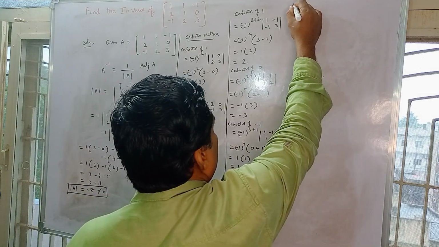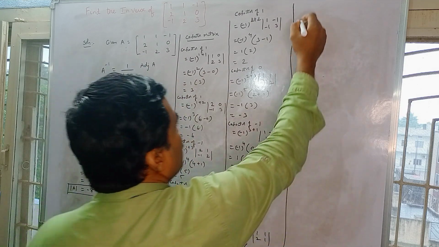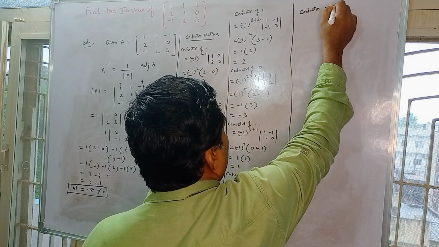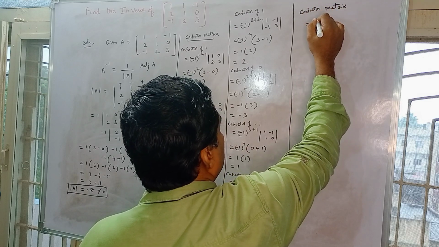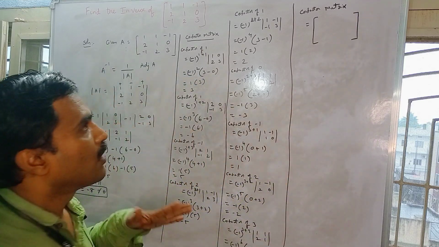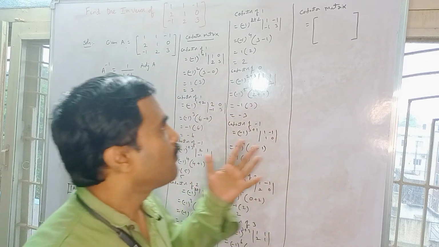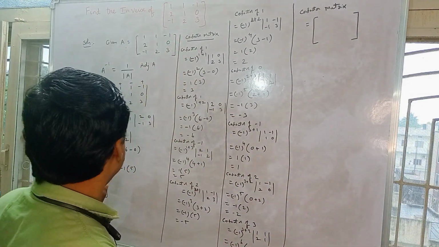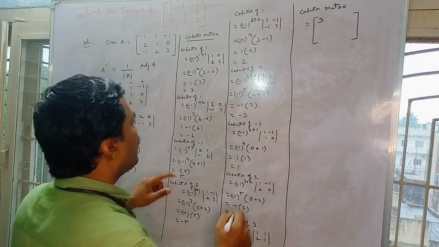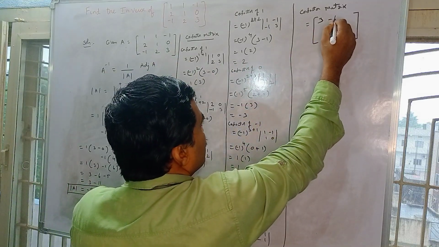Now the next step is you have to form the cofactor matrix. That is, you have to write all the 9 elements. So writing the cofactor matrix. I am writing here all the cofactors of all the 9 elements. First we'll write the cofactor of 1, that is the first element, that is 3. So write 3 here. Next, cofactor of 1, you got minus 6.